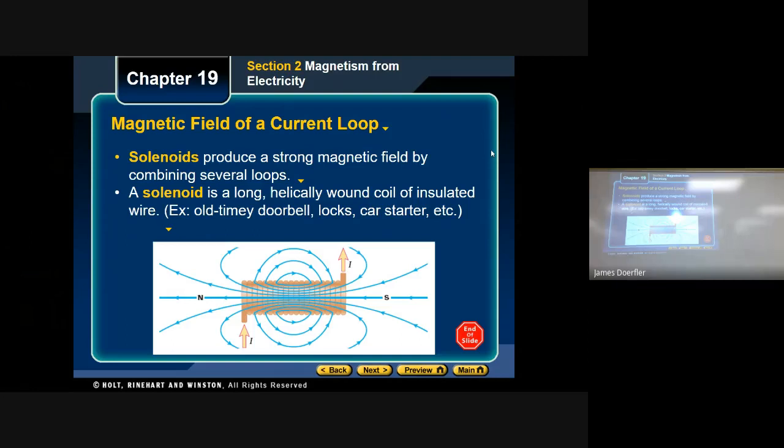That completes a circuit. The circuit allows electricity to flow through a solenoid. That solenoid then produces a magnetic field. That magnetic field is what makes the metal rod or the hammer go in and out and strike your chimes.